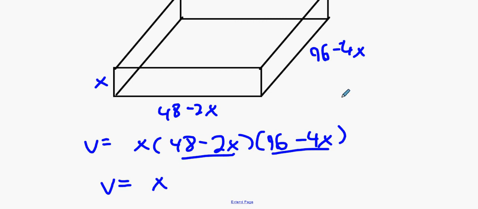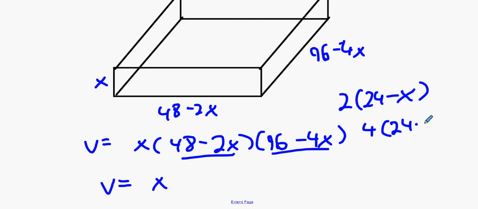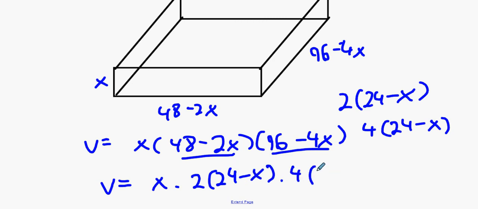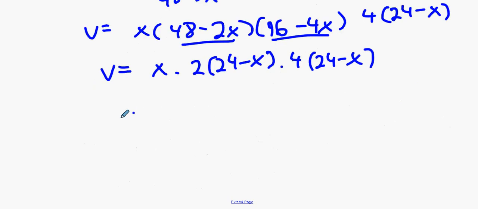You can say that's 2 times (24 minus x), and what about this one? 4 times, anybody? (24 minus x), yeah, and do you know what it becomes then? It becomes x multiplied by 2 times (24 minus x) multiplied by 4 times (24 minus x).